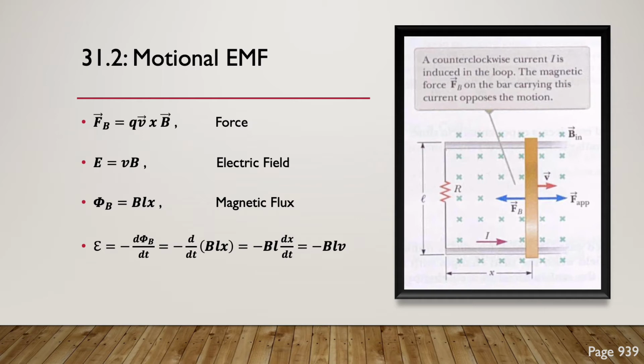With that being said, the magnetic flux through that area is equal to BLx. With the formula for magnetic flux, we are able to consider Faraday's law of induction and manipulate the equations together, noting that x changes with time at a rate dx over dt. It equals v, which allows us to find the induced motional EMF.